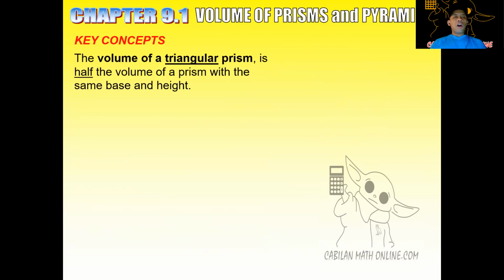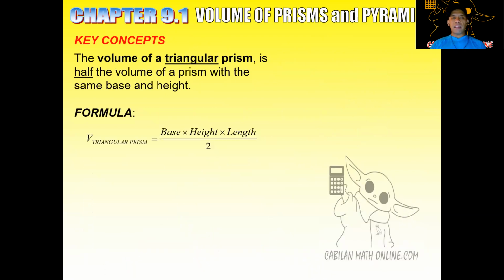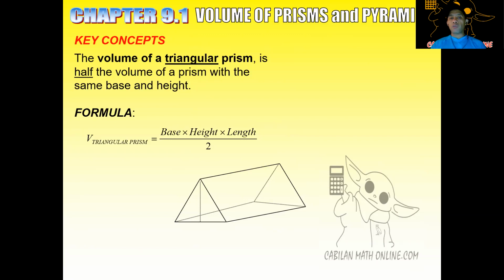When it comes to the volume of a triangular prism, what you would have is base times height times length divided by 2. When you're labeling a triangular base prism, the base refers to the entire bottom of the triangular face. The height itself is the vertical line that goes from the top corner to the opposite side, and it cuts it in half, if you have, for example, an equilateral triangle or an isosceles triangle.